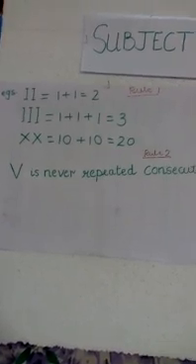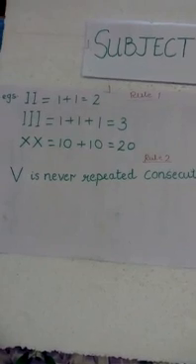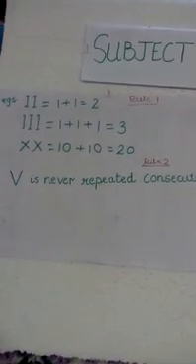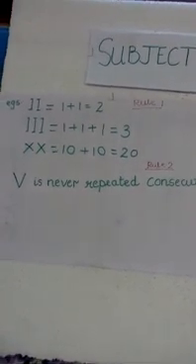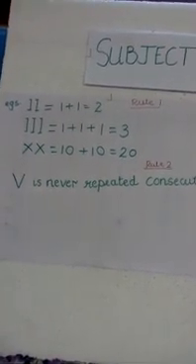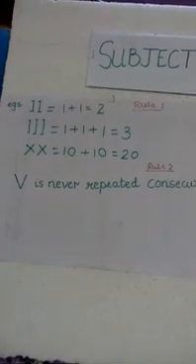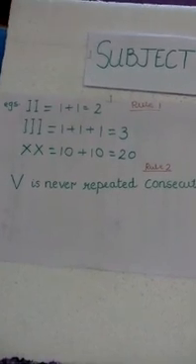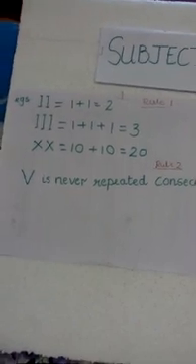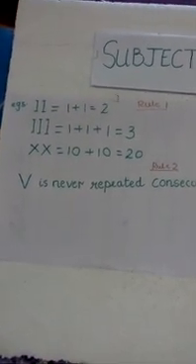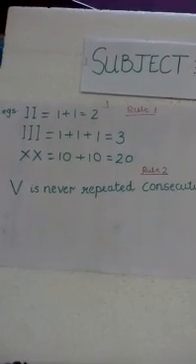In the examples, you can see I and I is equal to 1 plus 1, that is equal to 2. Second one, I I I is equal to 1 plus 1 plus 1, that is equal to 3. And the next one, X and X is equal to 10 plus 10, that is equal to 20.